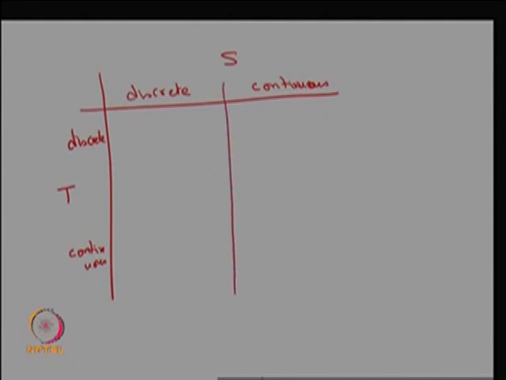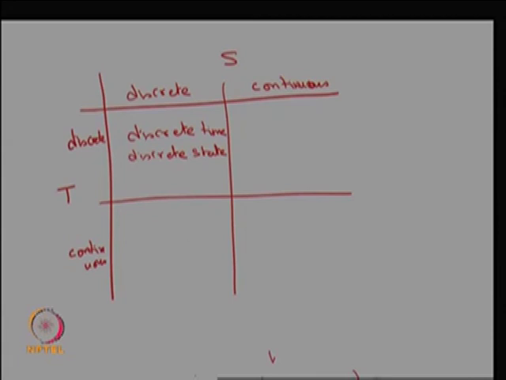So, accordingly, you can classify the stochastic process into four types, in which if t is discrete as well as S is discrete, then it is a discrete time, discrete state stochastic process. Discrete time or discrete parameter, both are one and the same. Similarly, if t is discrete and the state space is continuous, then we call it a discrete time continuous state stochastic process.